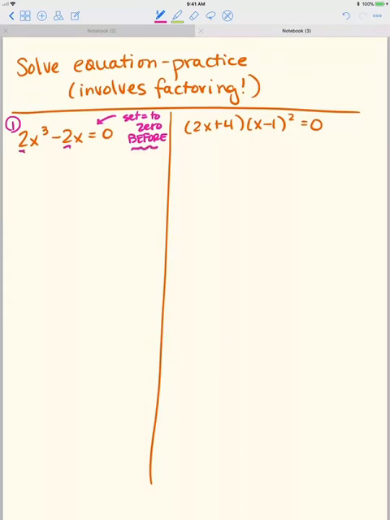So they each have a 2, they each have an x, so I'm going to factor a 2x out from both places. So I'm left with x squared and a minus 1. The x squared minus 1 is again a difference of squares. So I'll do x plus 1, x minus 1.